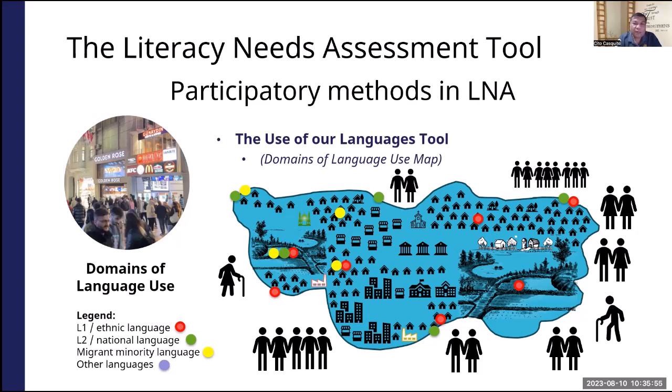So for this particular example, the national language is used around the borders of the community. And so we can mark this map with the help of the community to identify the different languages they use in different domains using the markers. So from this example, we can engage the community in a more creative way. And in this way, they own the data, and it's more realistic and more current because it's the community itself providing the information for us.